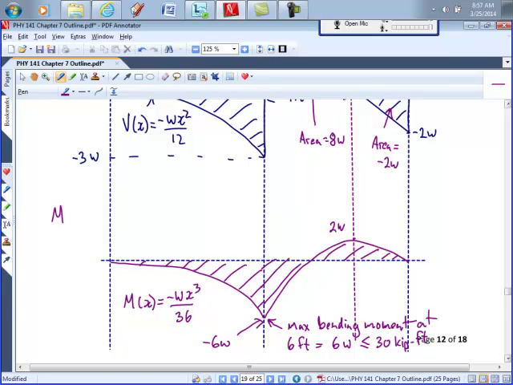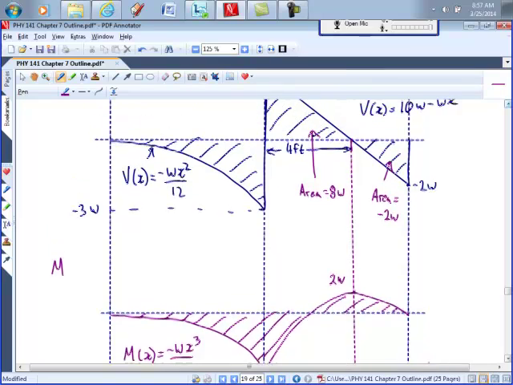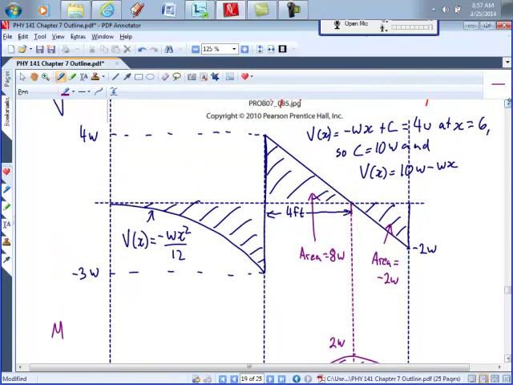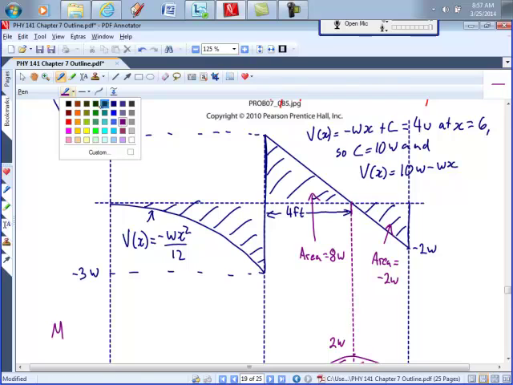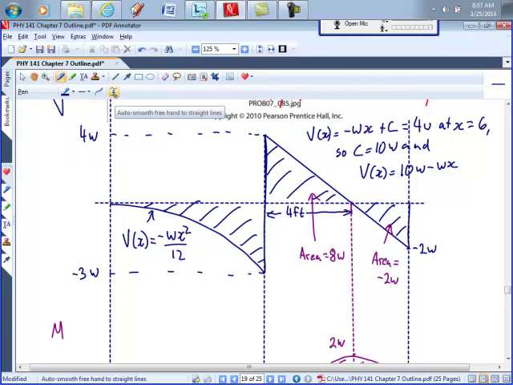Okay, where's our maximum shear? Maximum shear is also at 6 feet, and it's going to be 4w.